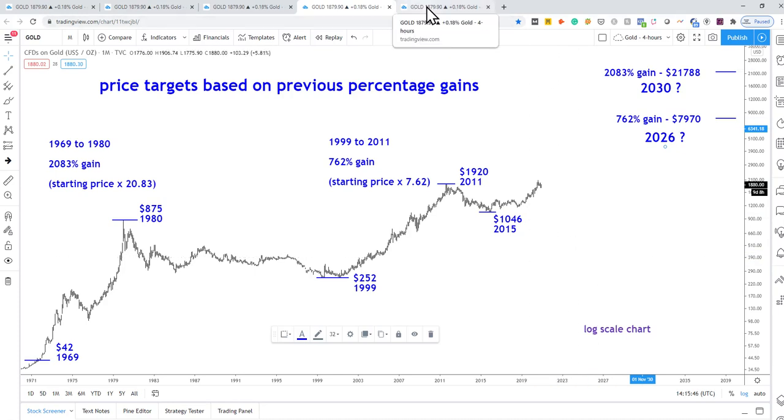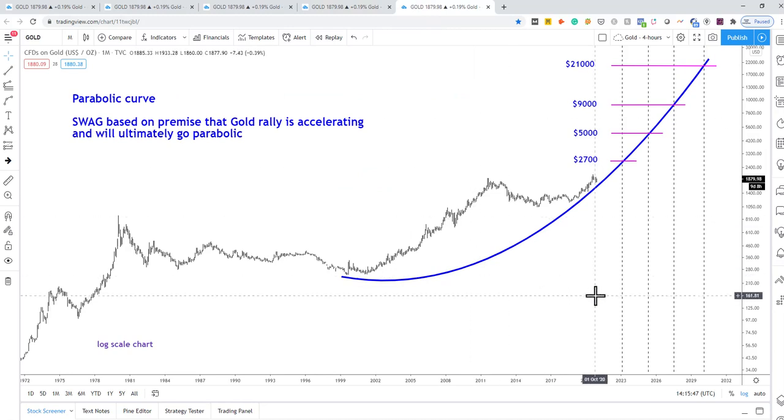And let's continue here. This is a parabolic curve. It's not really all that parabolic. A real parabolic curve is going to get steeper and steeper. But that's the idea that I'm depicting in this chart, that as we move forward in time, gold will continue to accelerate in this secular bull market.